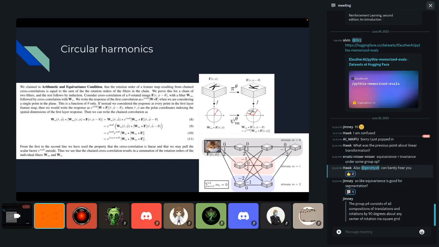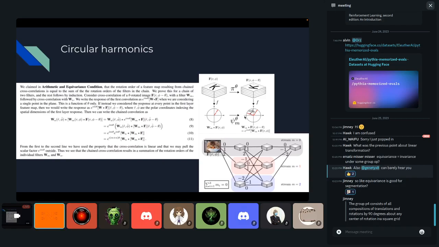So we have this field of circular harmonics, and if we take the convolution of a circular harmonic and a scalar, you will get that kind of feature that I described on the previous slide.